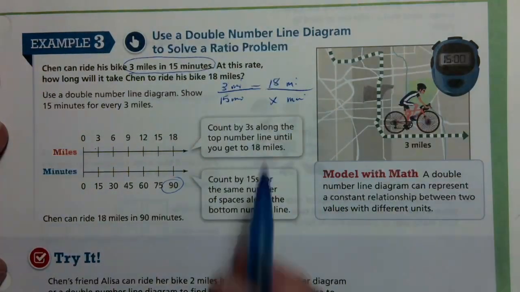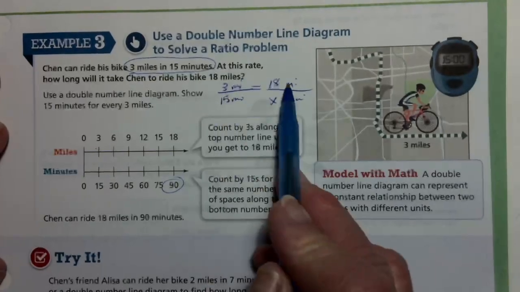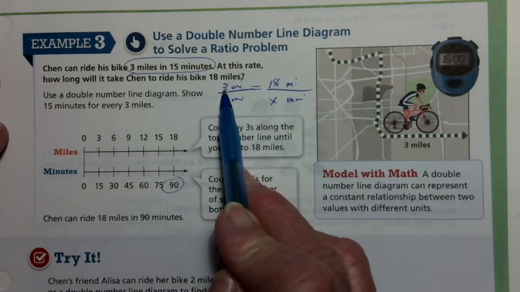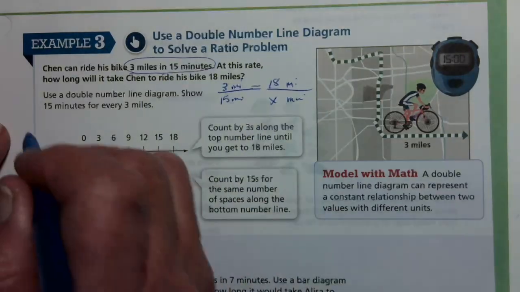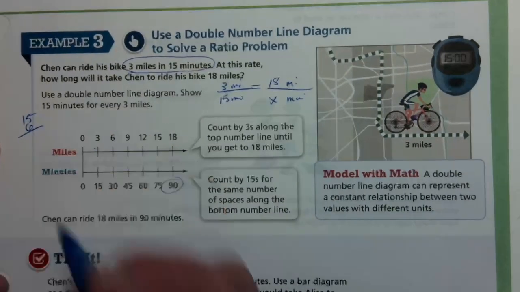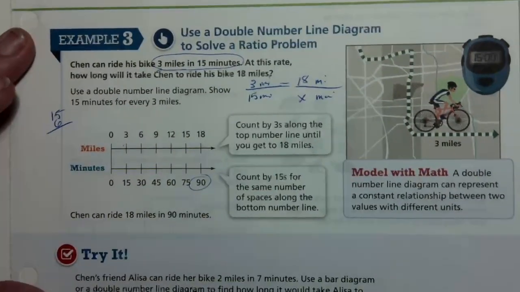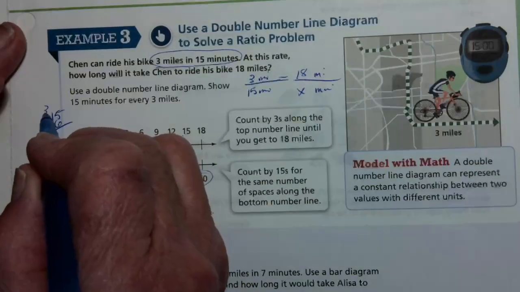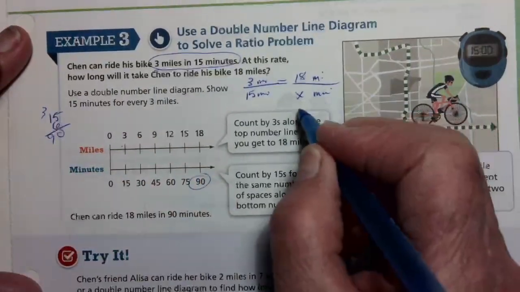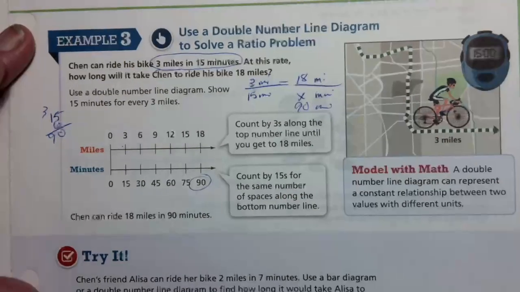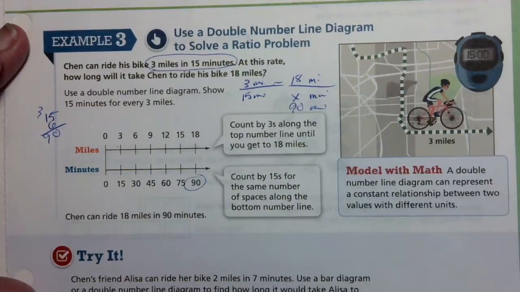Now then, what do I multiply times this number to get 18? Well, it's 6. 3 times 6 is 18. So I've got to take this 15 and multiply it by the same 6. So I'm going to come over here and say 6 times 5 is 30. 6 times 1 is 6 plus 3 is 9. And I get 90 minutes, which is the same thing they got with their bar diagram.